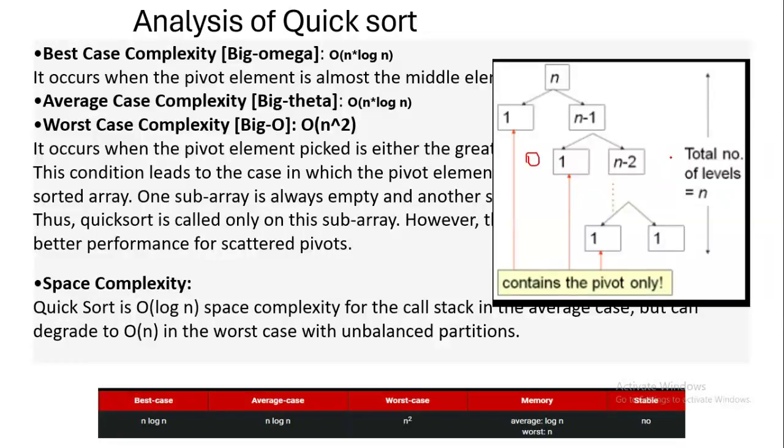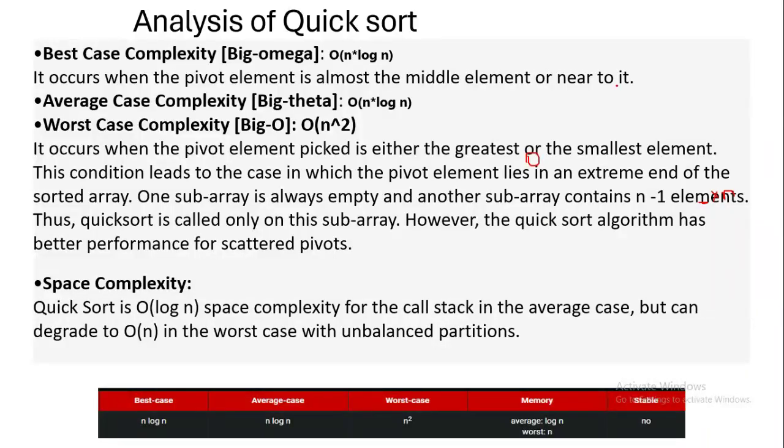As the depth of the recursion is n, and at every level n numbers are there for comparison, the time complexity in the worst case comes out to be quadratic. Now, coming to the space complexity of the quicksort.